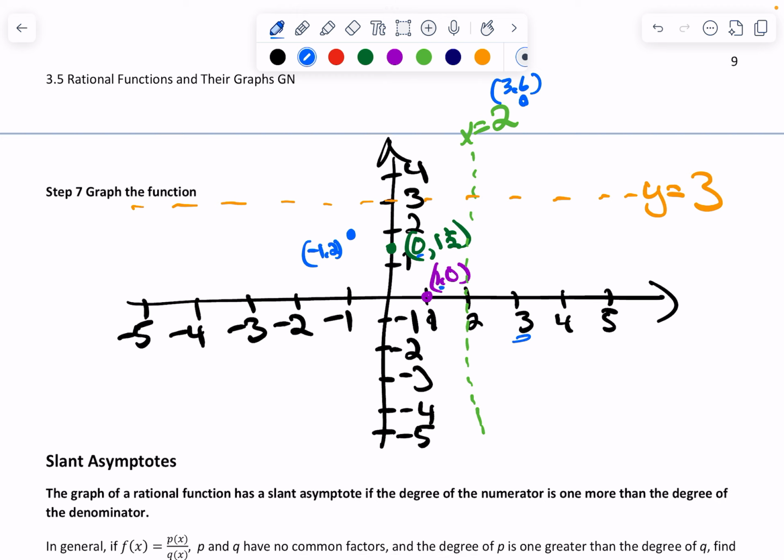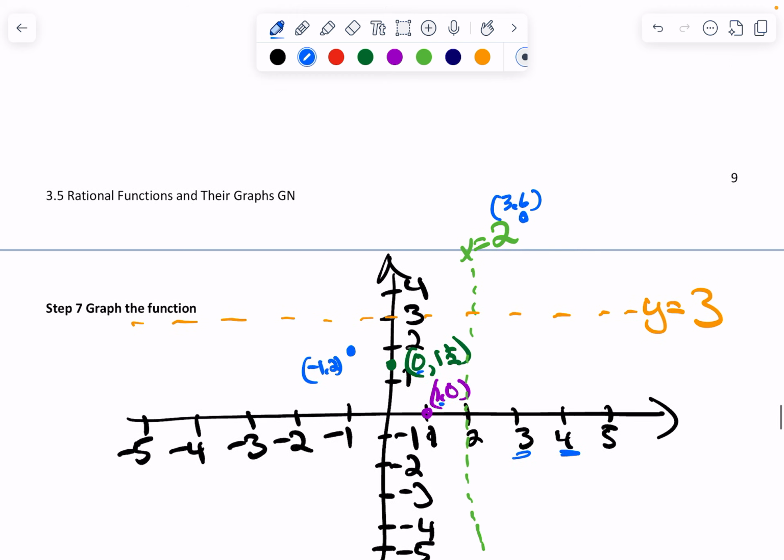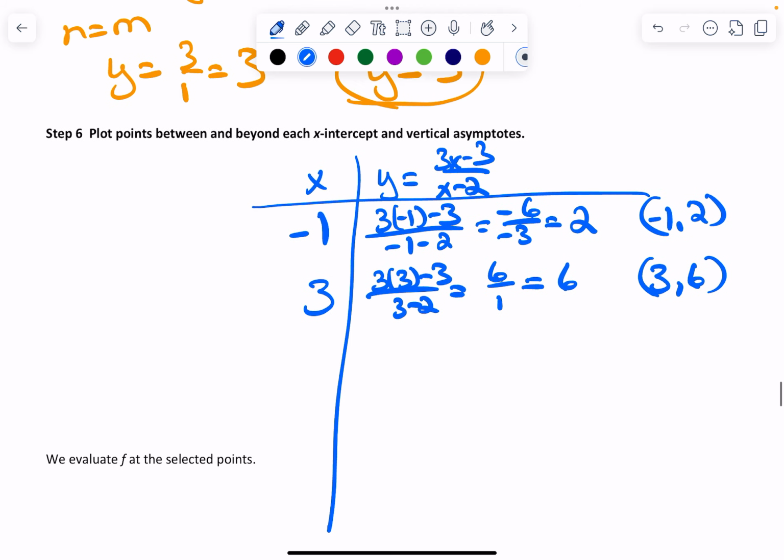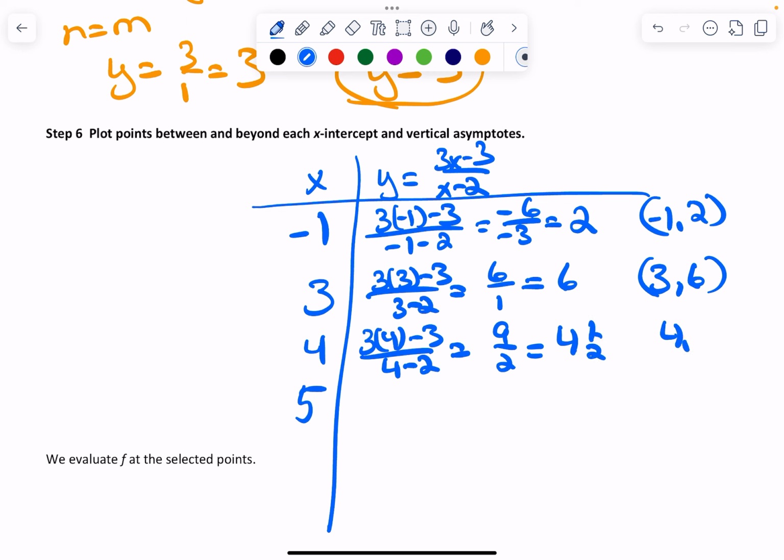Next, I would see what happens with x equals 4, and actually I would take x equals 5 as well. 3 times 4 minus 3 over 4 minus 2 ends up being 9 over 2, which is 4.5. So our next point is 4 and 4.5.